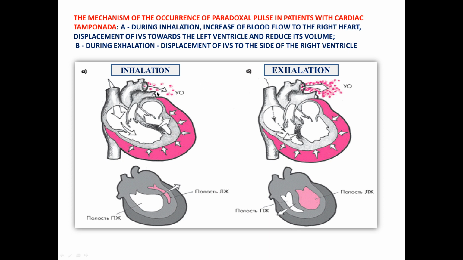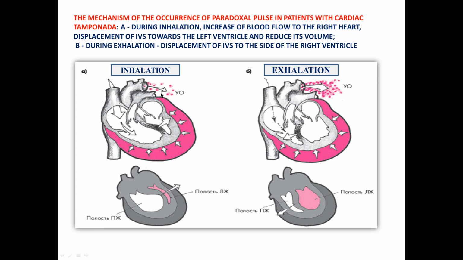Mechanism of occurrence of paradoxical pulse in patients with cardiac tamponade: during inhalation, increase of blood flow to the right heart causes displacement of interventricular septum towards the left ventricle and reduces volume of left ventricle.